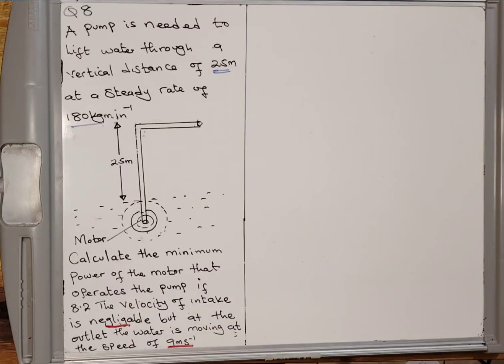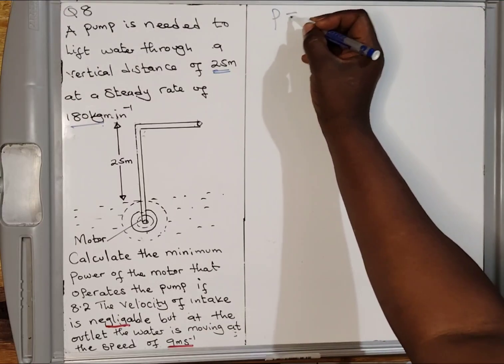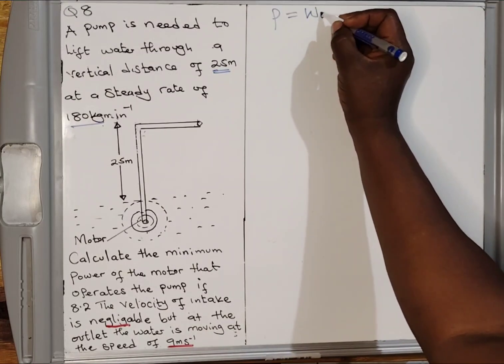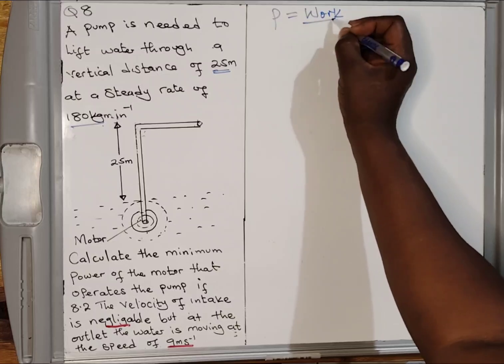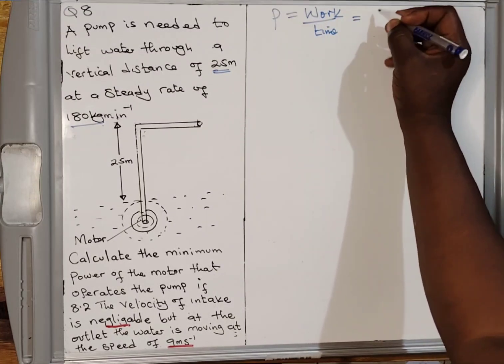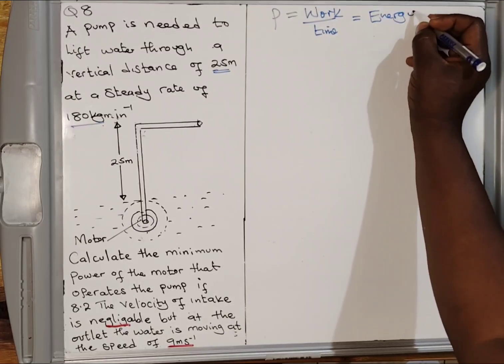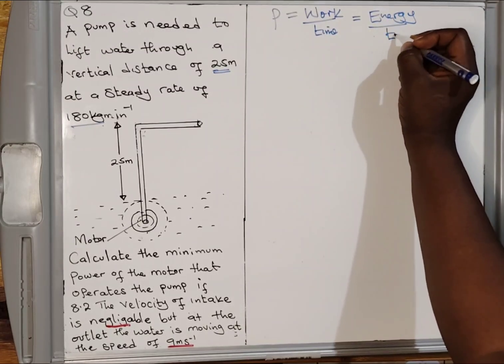So what do we do in this case? Okay, we have the same equation. What's the equation? Power is equal to work over time. Remember, work and energy are brothers and sisters, so you can say power is equal to energy over time.